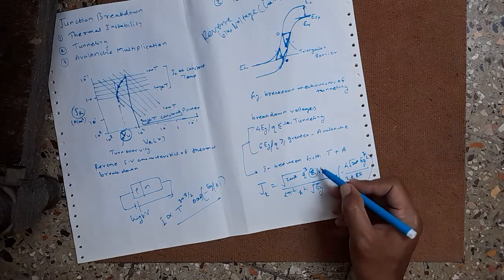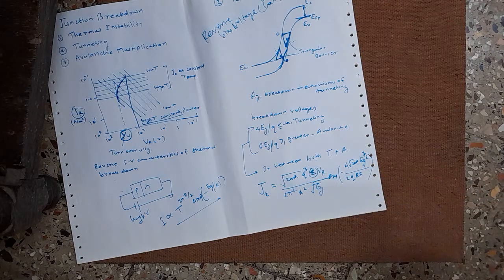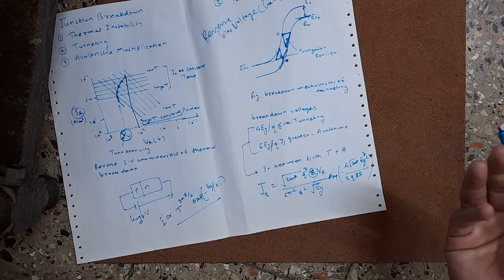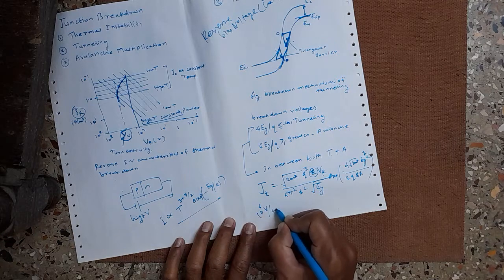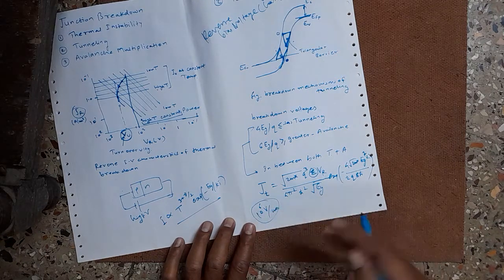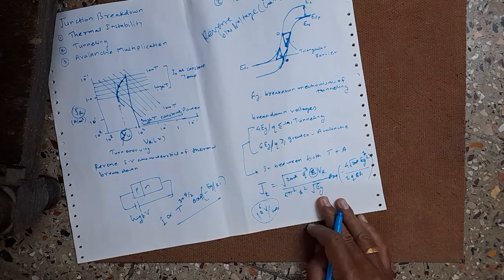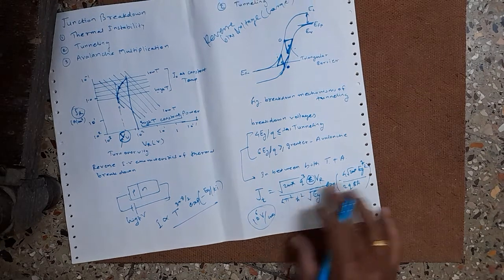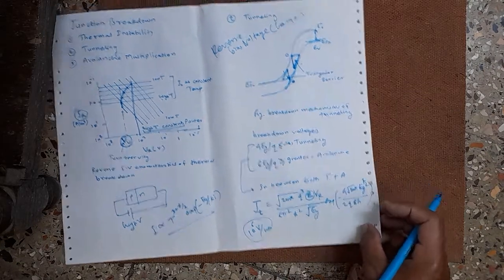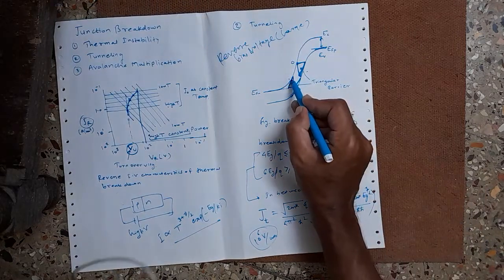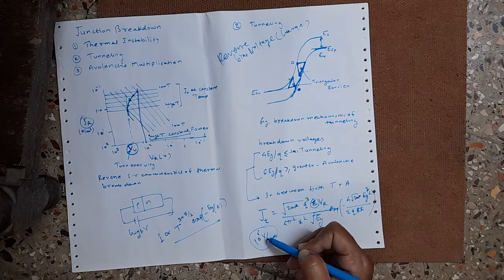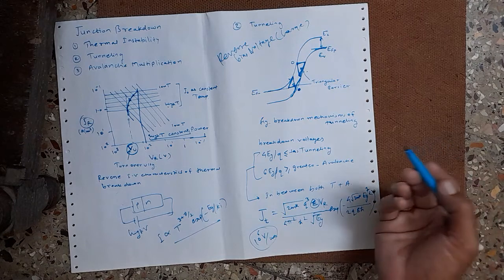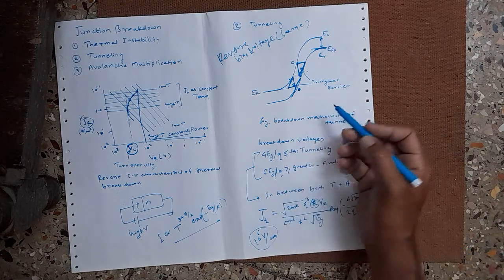When this field goes very high, around 10 raised to 6 volt per centimeter, in silicon or other related semiconductors, significant current starts to flow by means of the band to band tunneling process. To obtain such a high field, the junction must have relatively high impurity concentration.